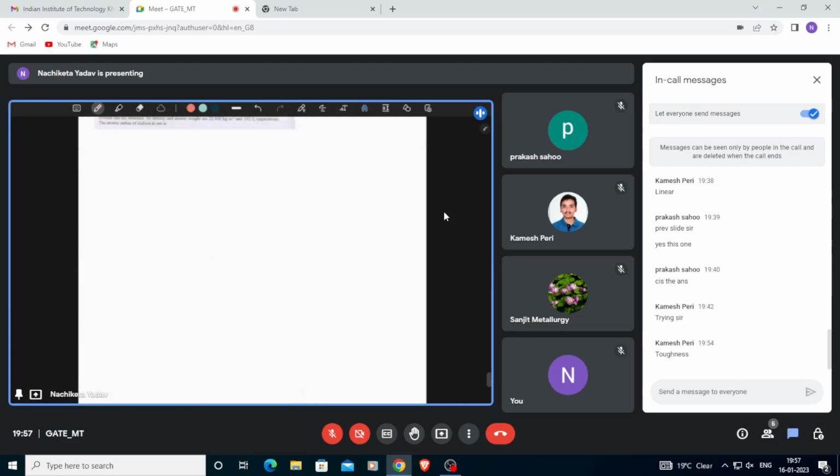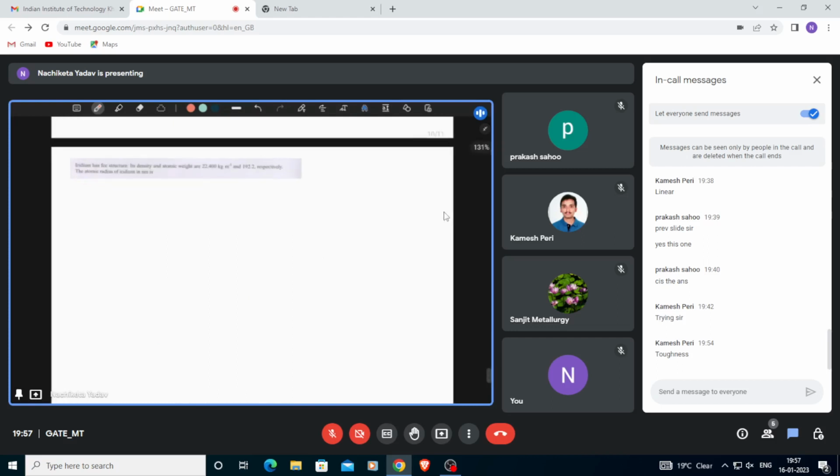Let us solve the last question. The atomic radius of iridium in nanometer. Here density is given and atomic weight is given. How will we solve?